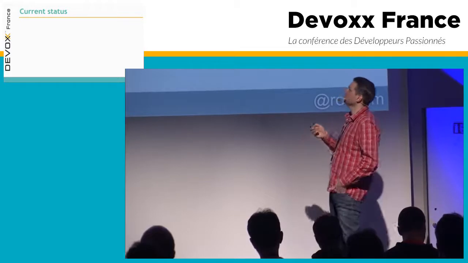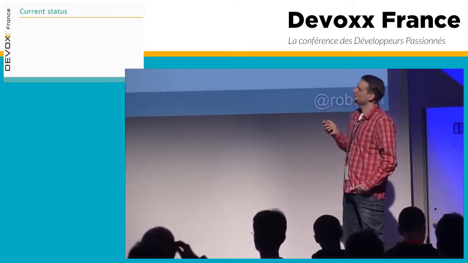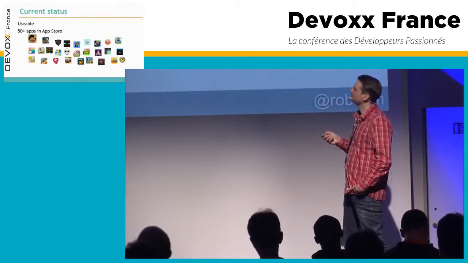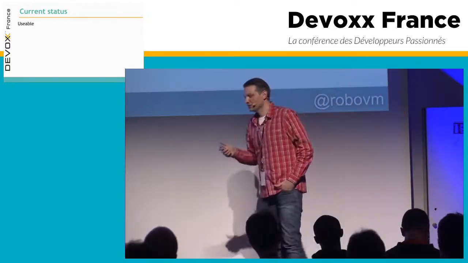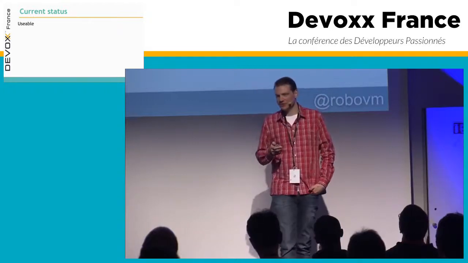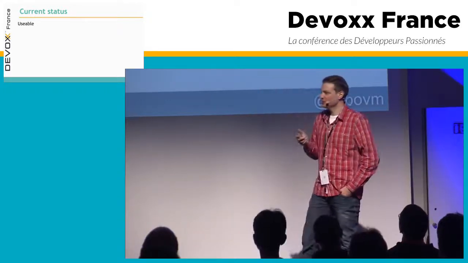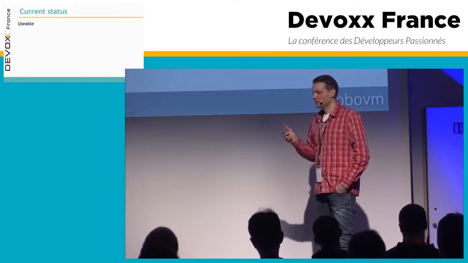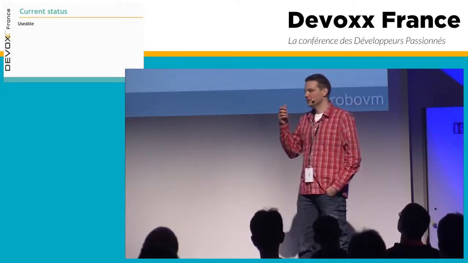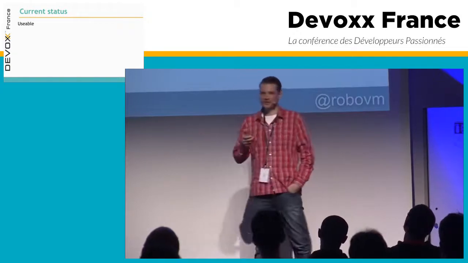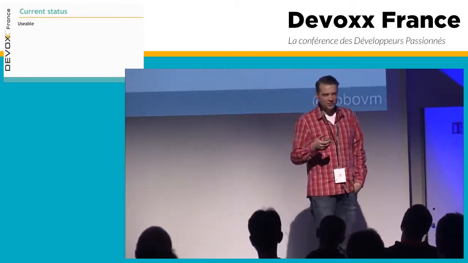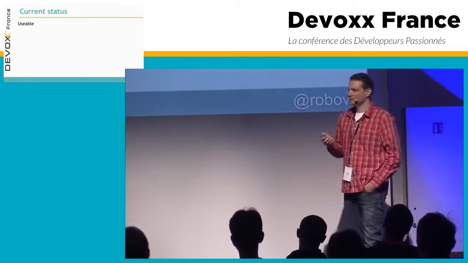So, what's the current status of RoboVM? It's usable. I used to say that it's not production ready on the website, but I removed that because people are using it. They are deploying stuff to the App Store, and they ask me, what do you mean with not production ready? It's working really nice for me.